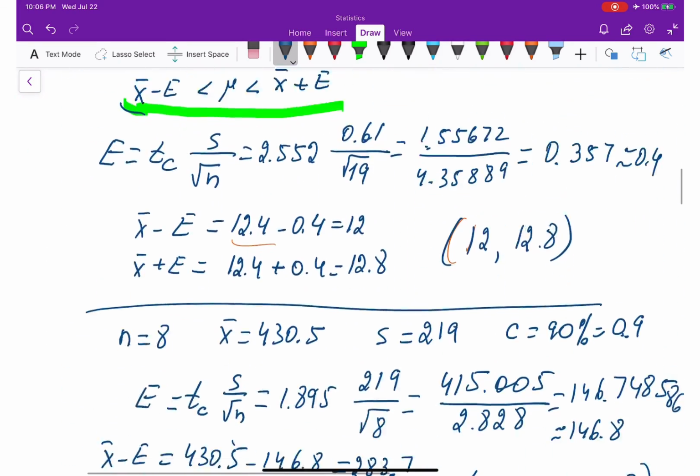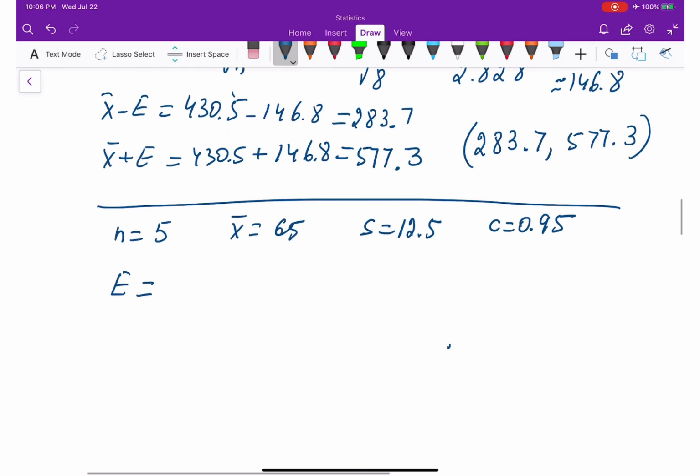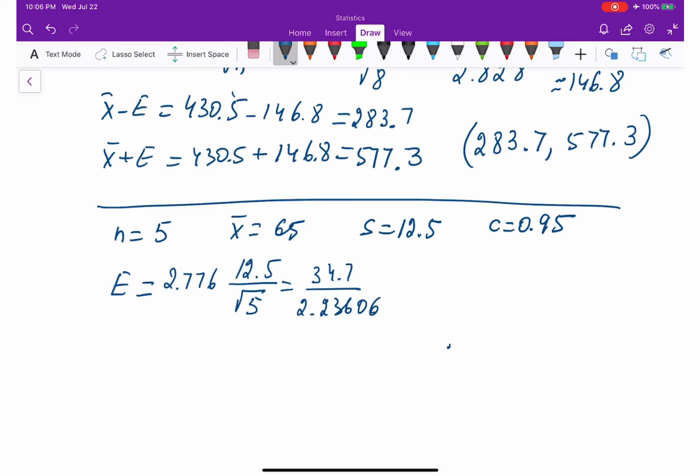So it's going to be 2.776 times s, which is 12.5, over square root of 5. That's going to be 34.7 divided by 2.236067. All right, and if we divide, we are going to get 15.518.